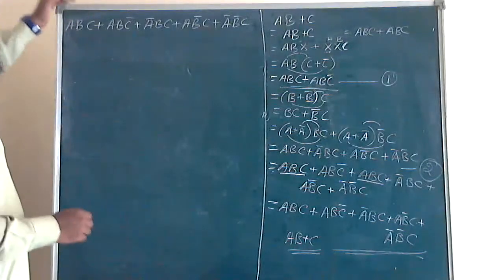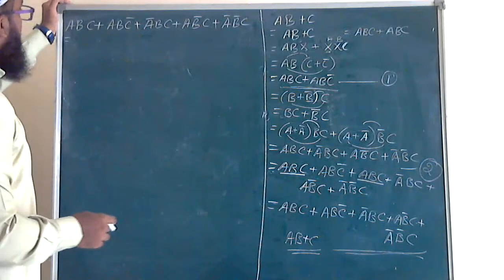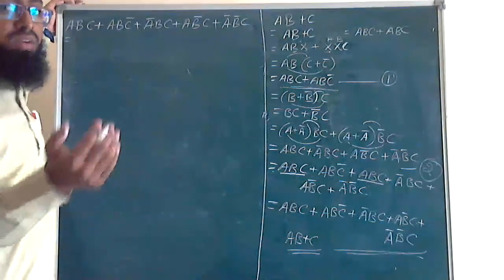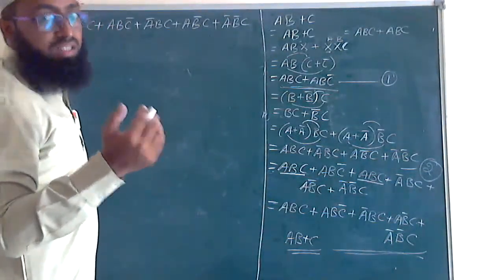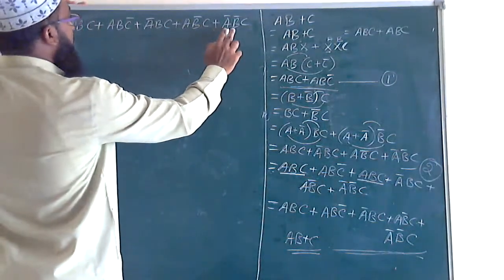So to do this, what do we have to do? Firstly, in alphabetical order, we have to take the complemented terms first. Here, see A bar B bar.